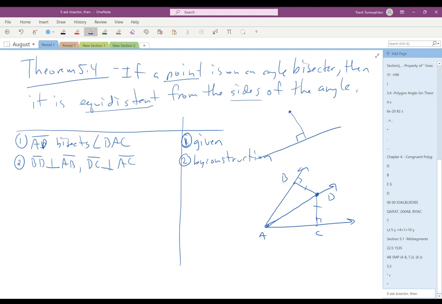So now we want to prove that BD is congruent to DC. That's what the theorem says. It's equidistant from the sides. To do that, we're going to show that this triangle is congruent to that triangle. From the given, we know that angle BAD is congruent to angle CAD by definition of angle bisector.